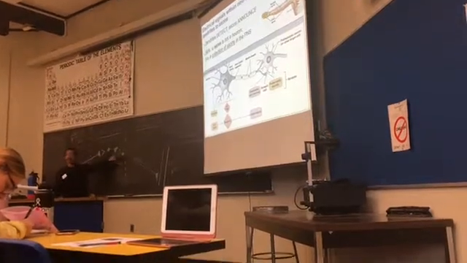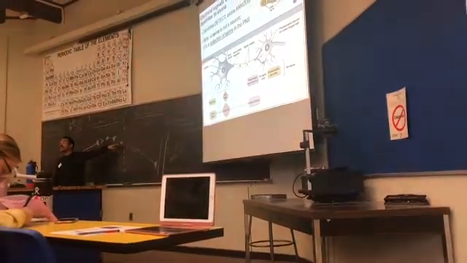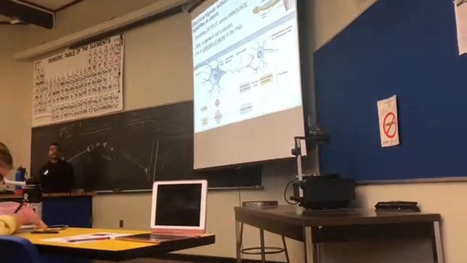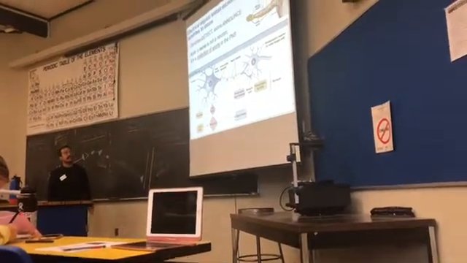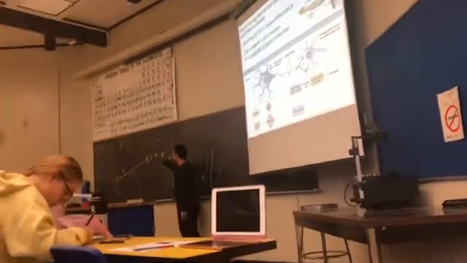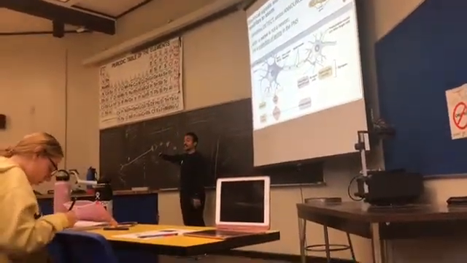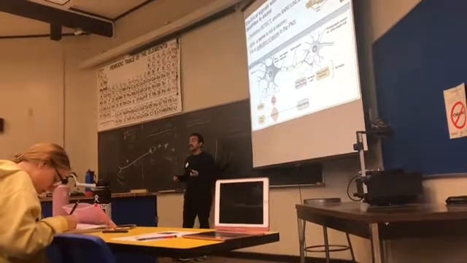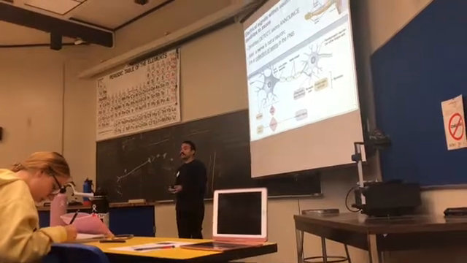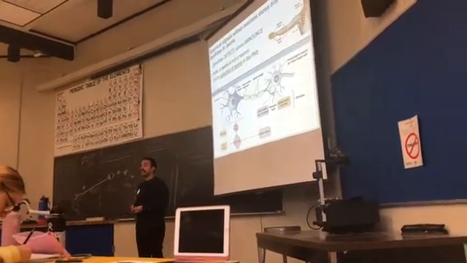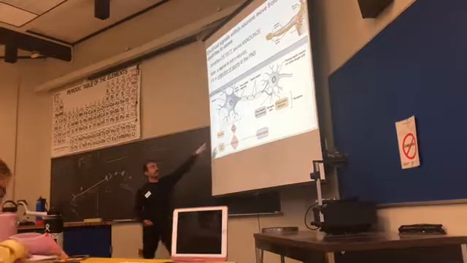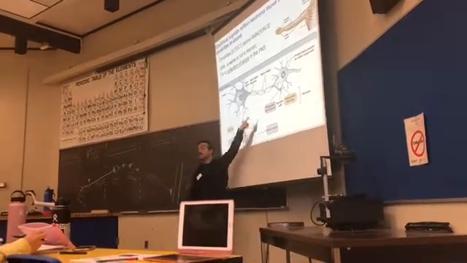Either way, dendrites are receiving information. Dendrites detect. They're going to have membrane proteins on this surface here. We have membrane proteins in this region that receive information, just like the motor end plate has receptors. This dendritic area has receptors. The word dendrite means branched, so it's a pretty branched structure.